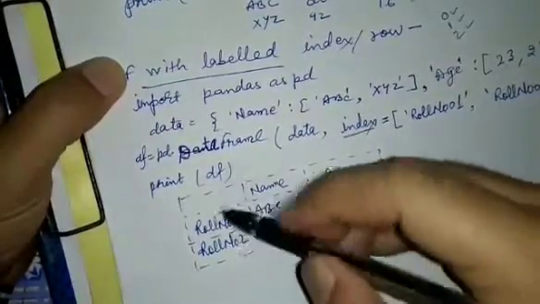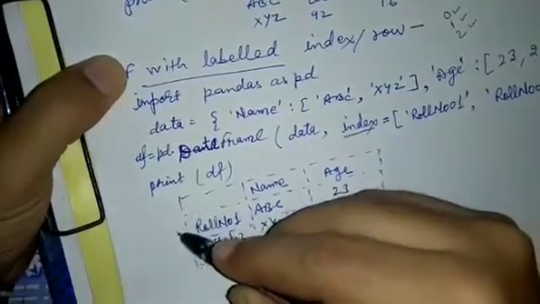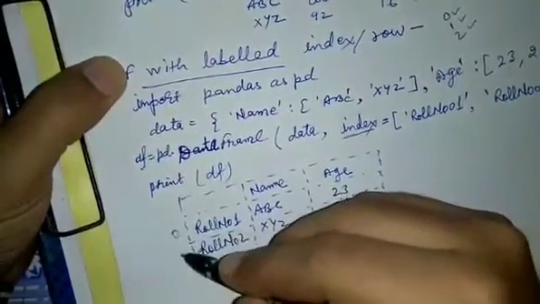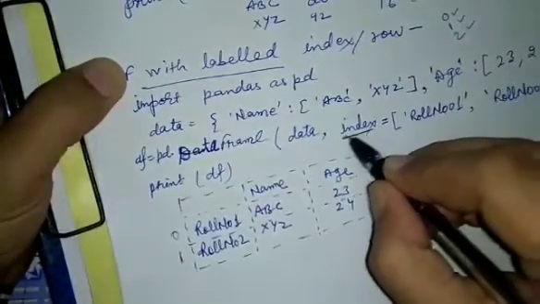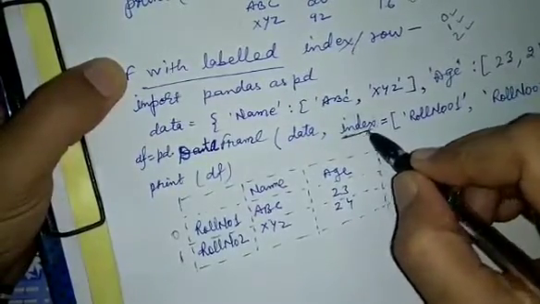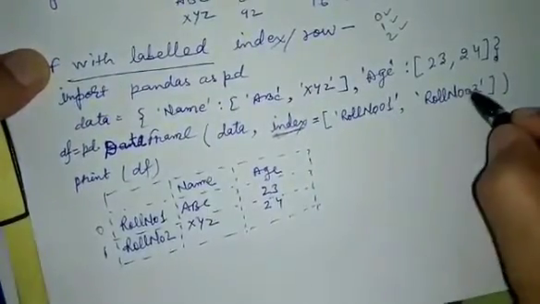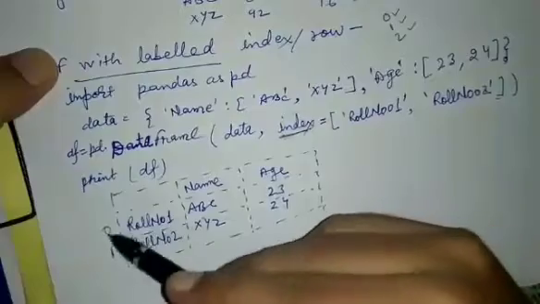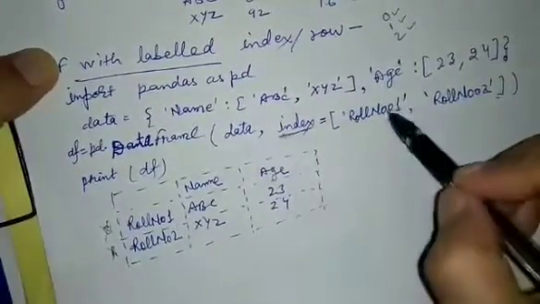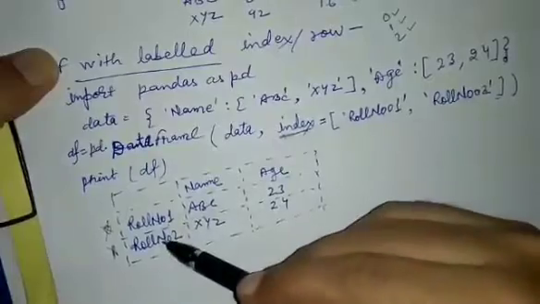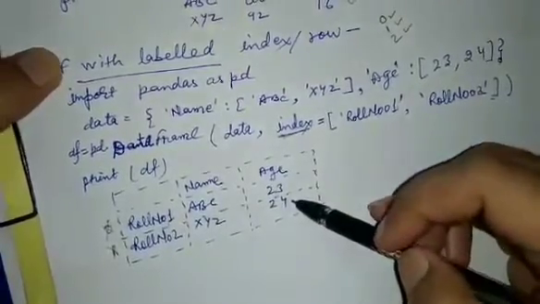You can notice that in the previous example this row was labeled as 0 and this row was labeled as 1, but because we used the index keyword to define the labels for the rows, you can see that the default 0, 1 are not given here, but roll number 01 and roll number 02 are given to identify the rows.